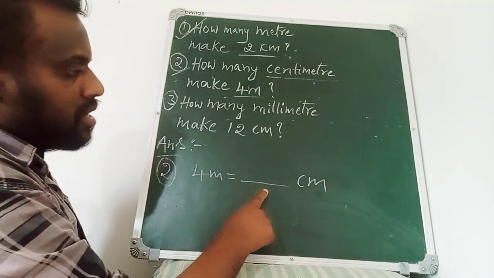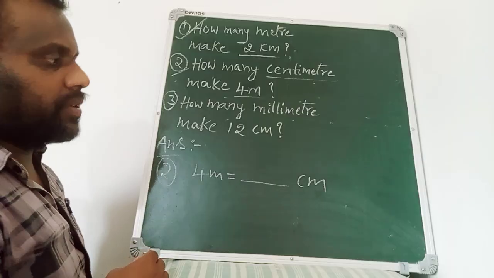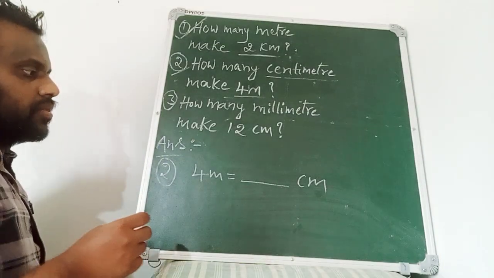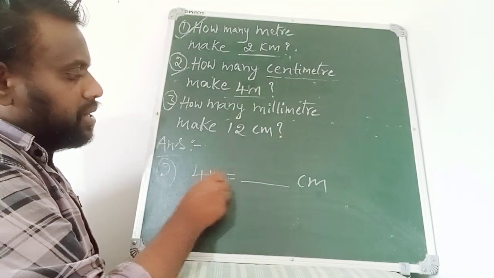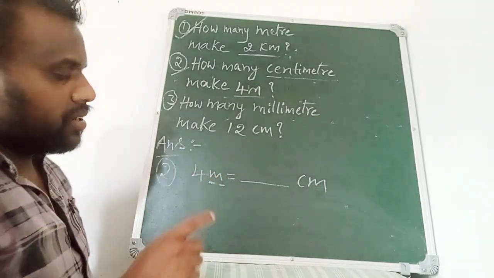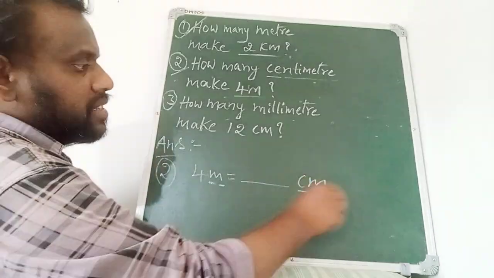So the meaning of this question is 4 meter is equal to dash centimeter, that is, how many centimeter. I already said, m means meter. Meter is the bigger unit, greater unit.